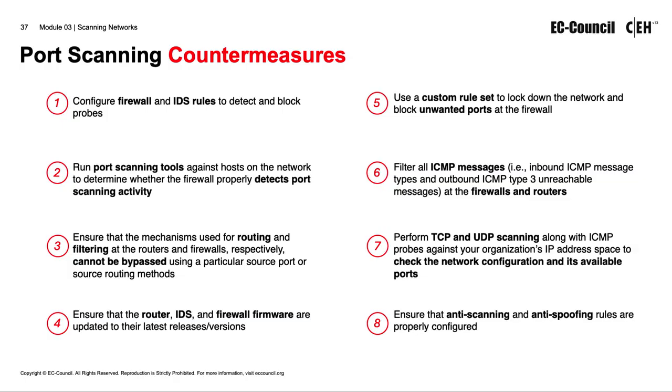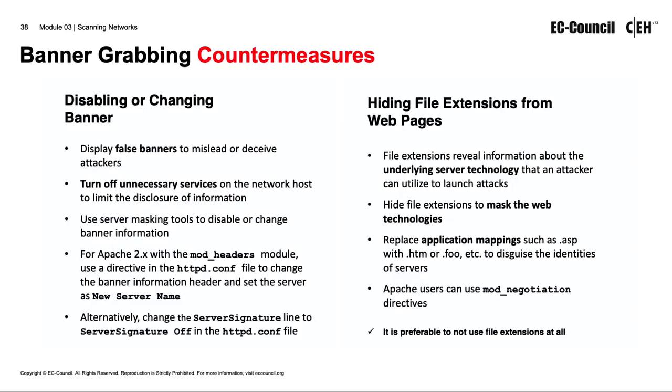We can also use anti-spoofing tools on the network and do our own pen test, TCP and UDP, to find out what's going on with the network. And we can also disable or change banners. So for instance, let's say that I have a Cisco 2800 series router, and if I scan it, look at the banner, guess what the banner is going to say? Cisco 2800 series. So I might want to make that a different banner, like I can make it an HP printer banner.